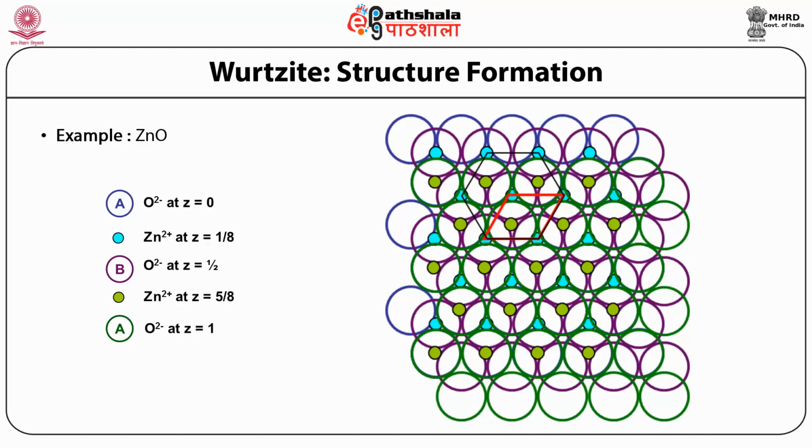There is another atom, the green hollow one, corresponding to A type, that is O2-, but the position is at Z equal to 1. So you can see here the layer by layer filling in wurtzite and the unit cell which is formed, which is similar to the wurtzite structure we discussed in the previous slides.